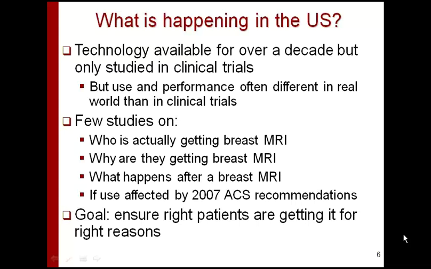There's really few studies on who's actually getting MRI, why are they getting it, and what happens when you get a breast MRI for screening. And so that's the motivation behind my career development grant. And the goal is we want to make sure that the right women are getting the test for the right reasons.